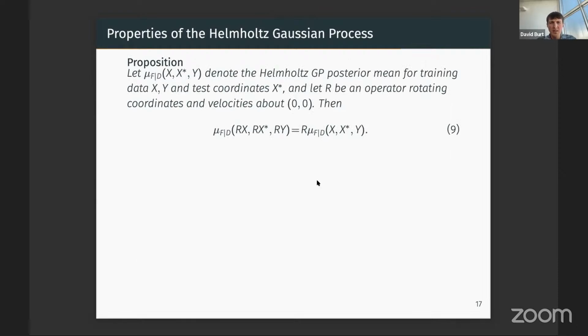Finally, the Helmholtz GP, even if we parameterize these two kernels separately, is rotationally equivariant in the sense that if we were to first rotate our training data, as well as the points we'll predict at, then make our prediction and then rotate back, we would get the same prediction as if we just trained on the original data.